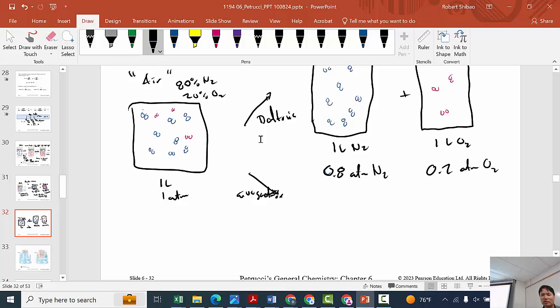Okay, when we go to Avogadro's, what's the volume of nitrogen? Dalton's is the sum of the partial pressures is equal to P total. So what is the volume?